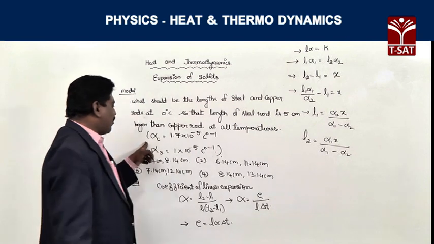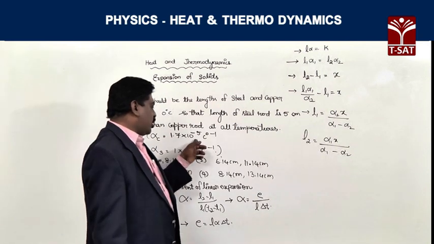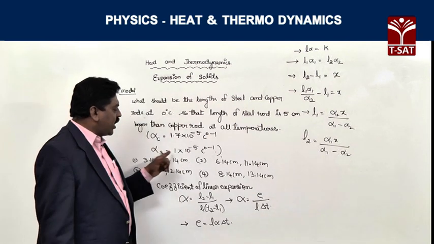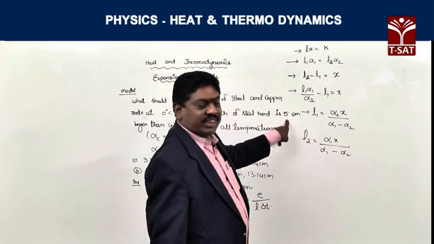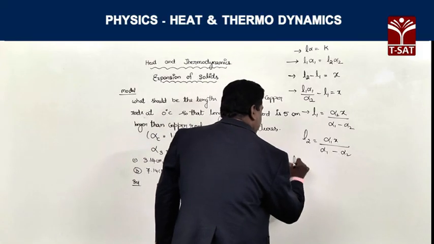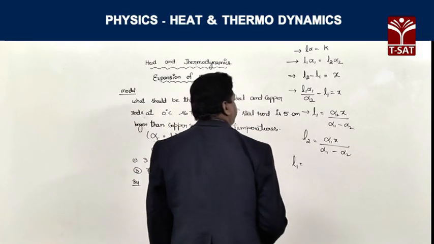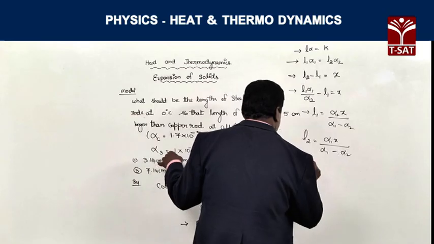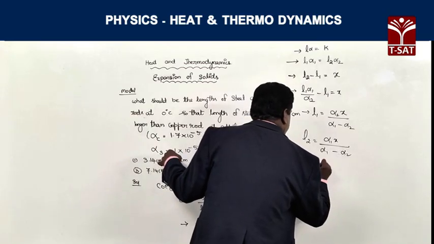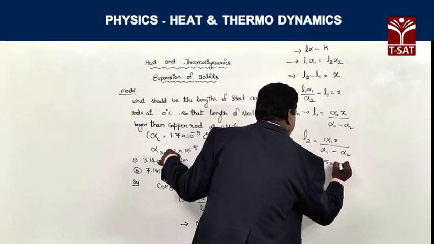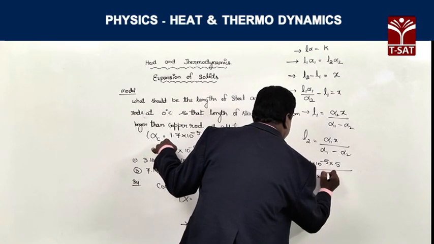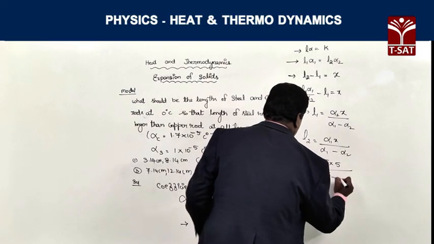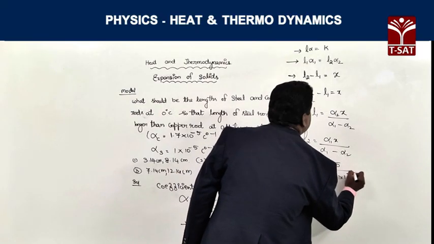Let us say alpha 1 as 1.7 × 10^-5 and alpha 2 as 1 × 10^-5 and x value as 5 centimeters. Then L1 equals alpha 2, that is 1 × 10^-5 into 5 divided by 1.7 × 10^-5 minus 1 × 10^-5.